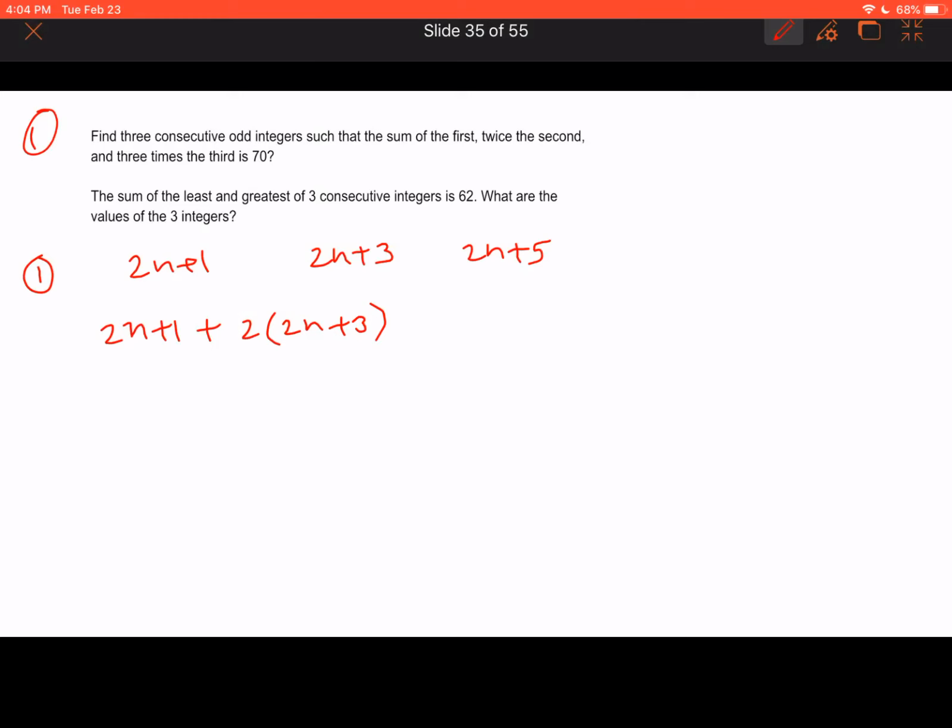The third number is 3 times 2n plus 5, which is equal to 70. When we add all these things, it is going to be 12n, which is equal to 48, and n is going to be 4.